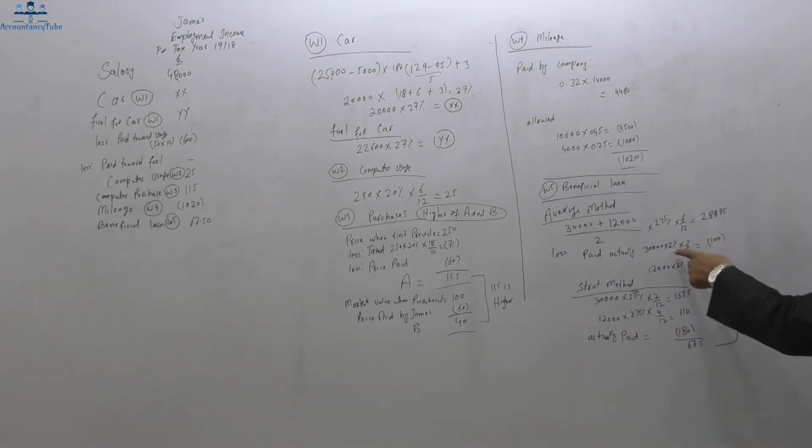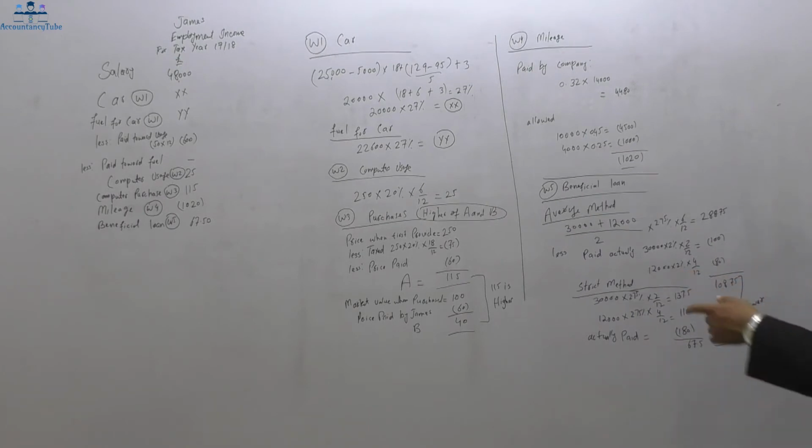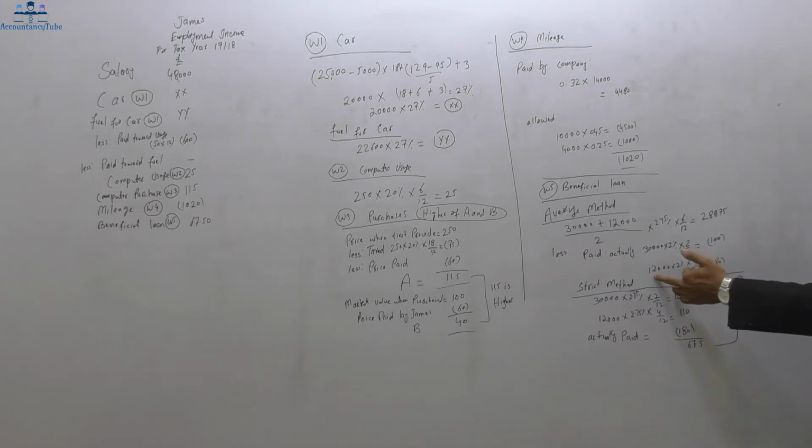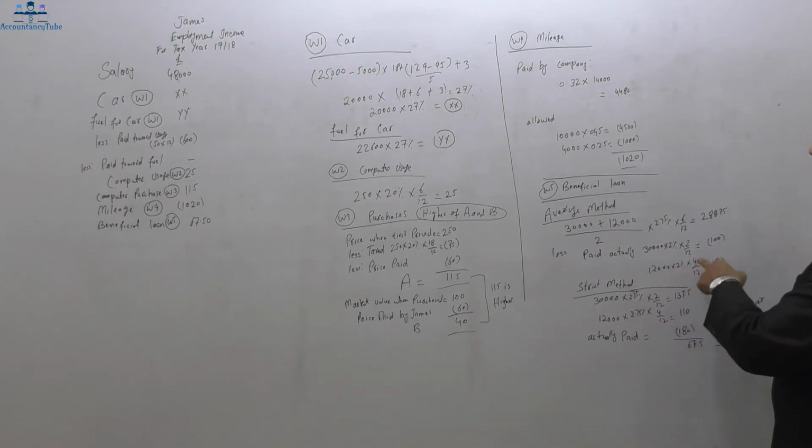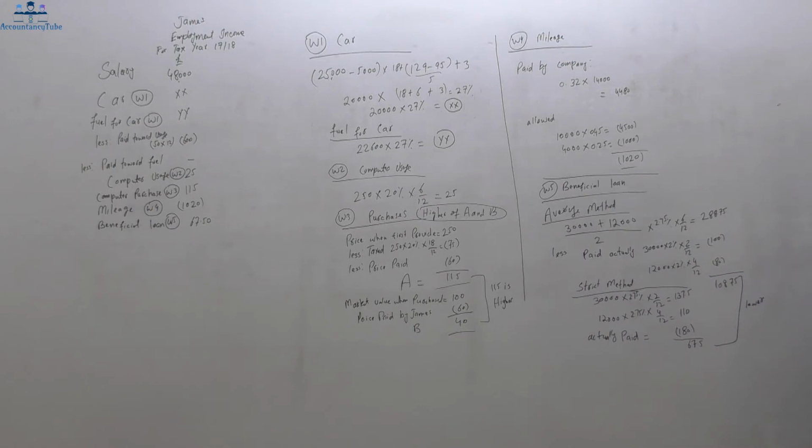It was less than the official rate of interest, multiplied by 2/12, because it was for 2 months, so that's 100 pounds. For the remaining 4 months, because total months were 6 months, from December up until March, the remaining loan was 12,000 pounds. The rate of interest which they were paying was 2%, multiplied by 4/12, so that's the amount she actually paid. So whatever the difference is, that is our average method.